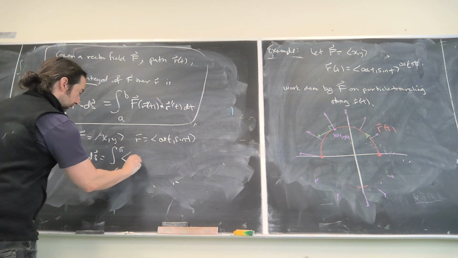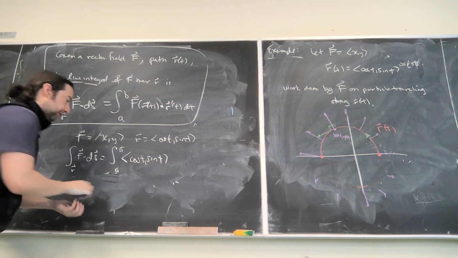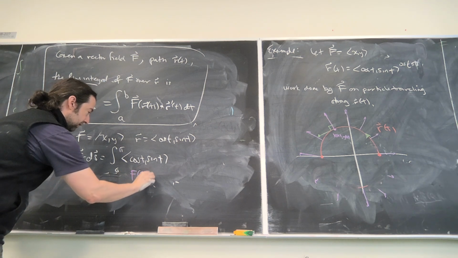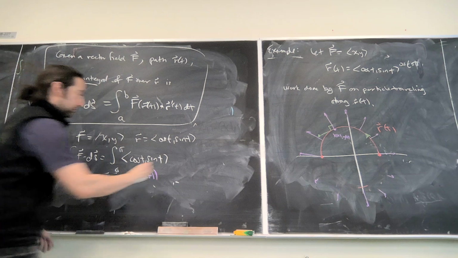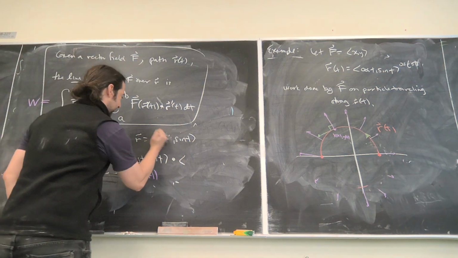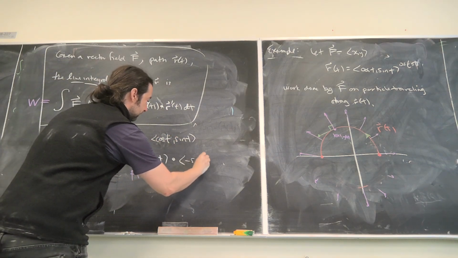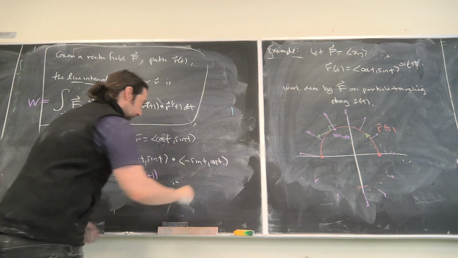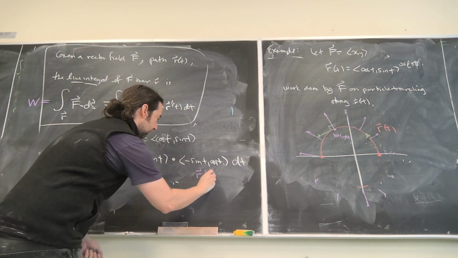So that's ⟨cosine of t, sine of t⟩. This is F of r of t. Dotted with r prime of t. Well, r is ⟨cosine t, sine t⟩, so that's ⟨minus sine of t, cosine of t⟩. That quantity right there is r prime of t.